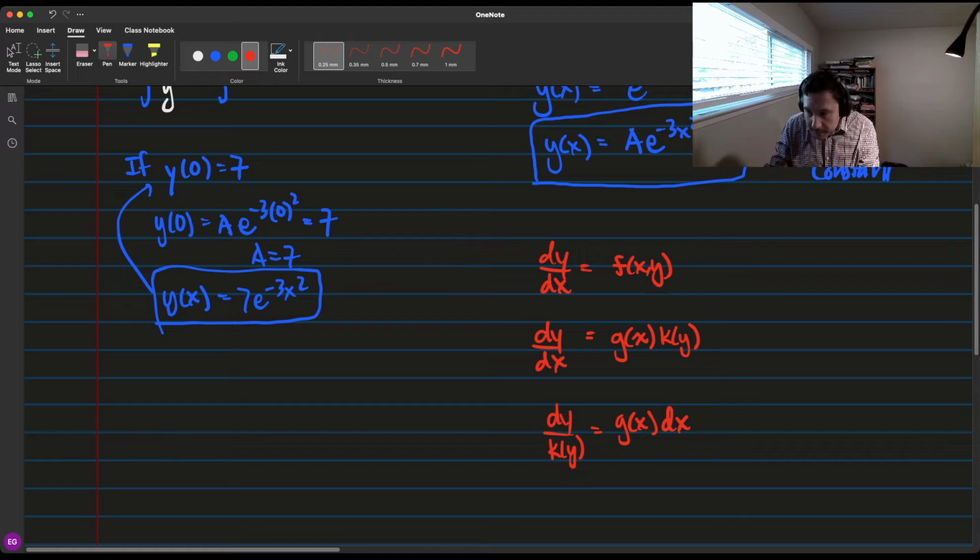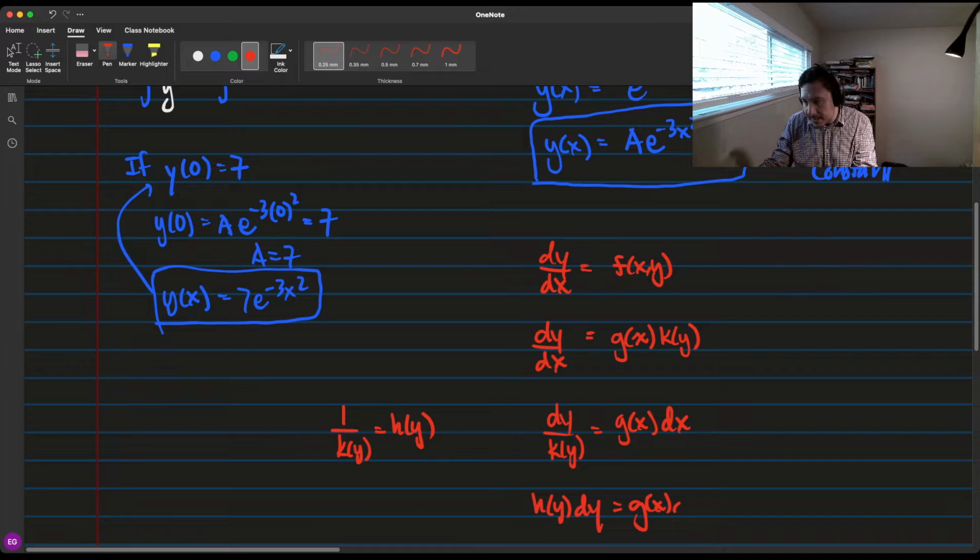Although usually we write 1 over k of y as h of y, so that we can have this as h of y dy equals g of x dx. Looks nicer. So obviously this only works assuming that you don't divide by 0 anywhere, right? You don't want that k of y to be equal to 0. Okay, so let's do another example of this.